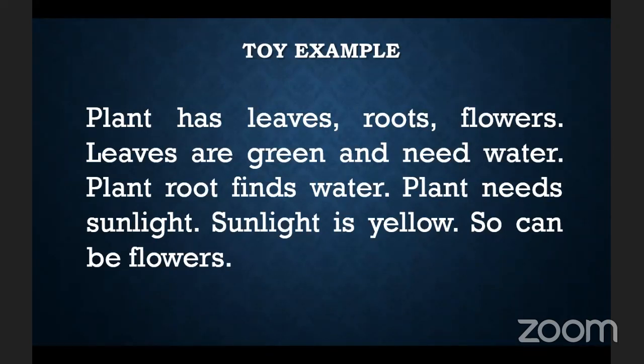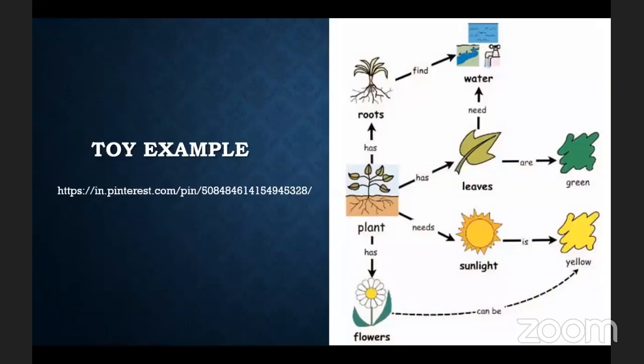And I am sure some of the concepts will be missing when you try to utter all the words. But if I give it like this: plant has leaves, leaves are green, plant needs sunlight, sunlight is yellow, and plant has flowers, flowers can be yellow, plant has roots, roots find water, and leaves need water.